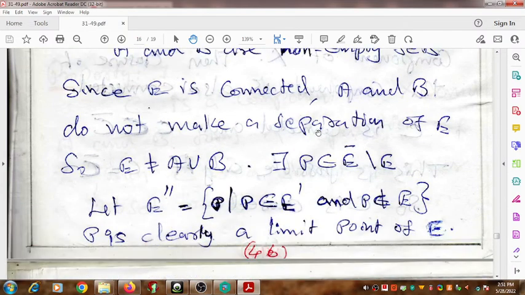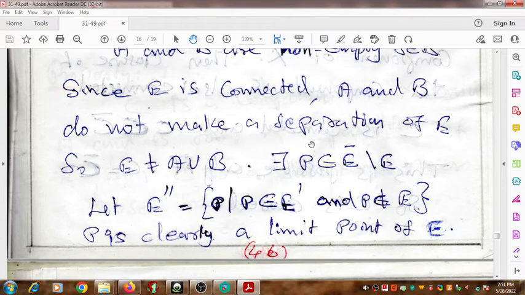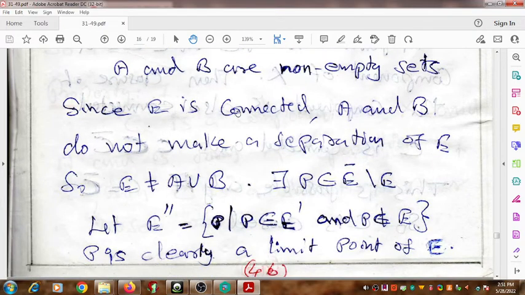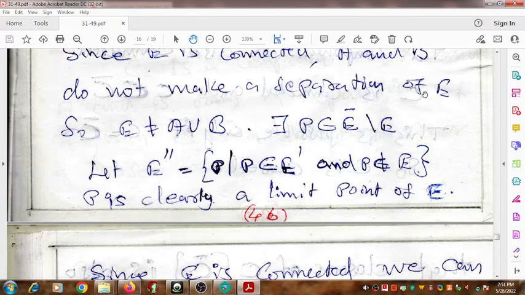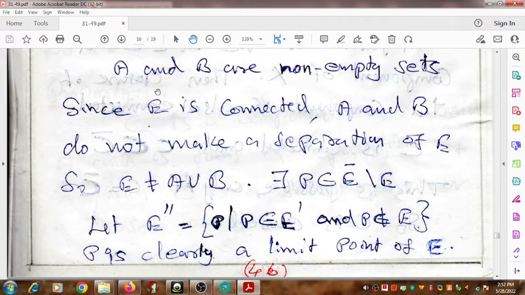So since E is connected, A and B cannot make a separation for E. Suppose A and B make a separation for E, what happens? Then E will be disconnected, which contradicts the statement that is accepted as true.